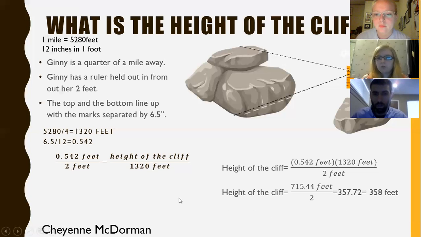When you multiply the top two numbers, you will get 715.44 feet. And when you divide that by 2, you will get 357.72 feet. And when you round it up, you will get 358 feet for the height of that cliff. All right, thank you. That was great. You're welcome.